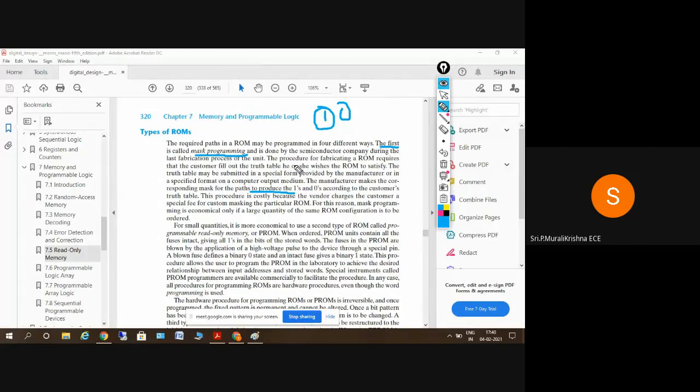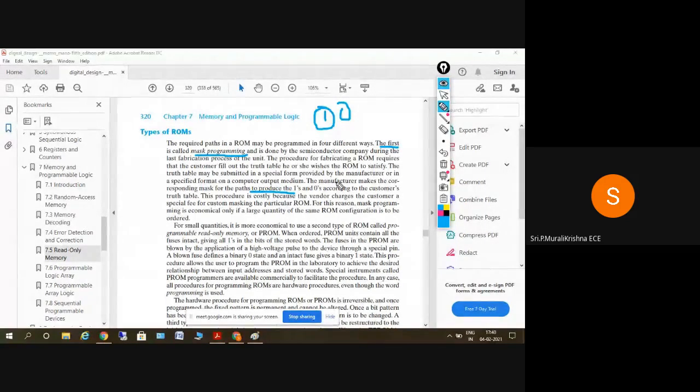This is the procedure for fabricating a ROM, and we need truth tables here. The truth table is submitted to the manufacturer, and the manufacturer will produce a connection whenever there is a 1, and for 0 there is no connection.